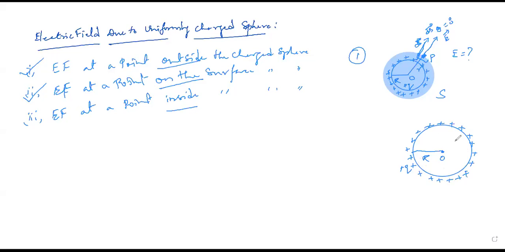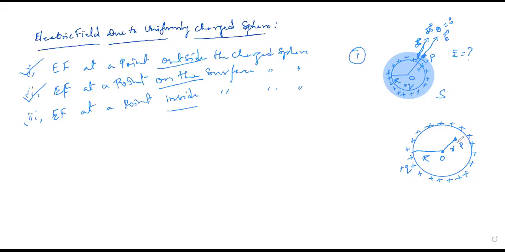Now, when the point lies inside the sphere, suppose I'm taking some other point here. This is not on the surface, it is inside. I've taken a point at a distance of small r, and the point I'm taking here is P. Just like when the point lies outside, here I'm taking the point inside.